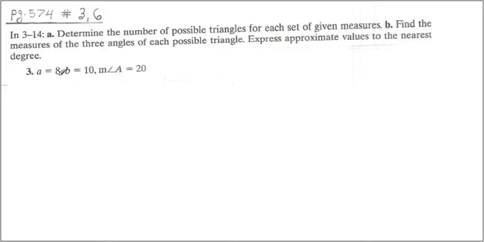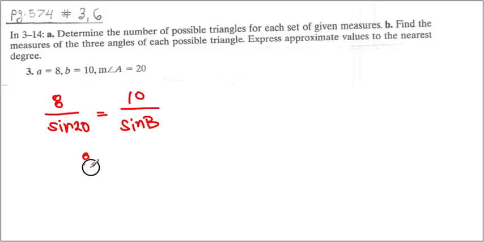Then what do we end up getting? 8 over sine of angle A has to be equal to, in this case, 10 over sine of angle B, with the angle being 20 degrees. When we cross multiply, we end up getting 8 sine of B must be equal to 10 times sine of 20.